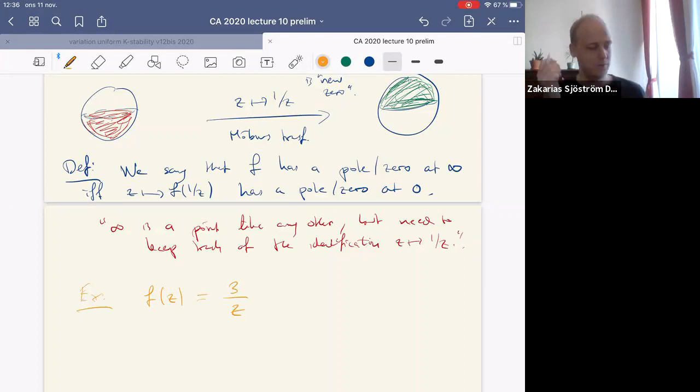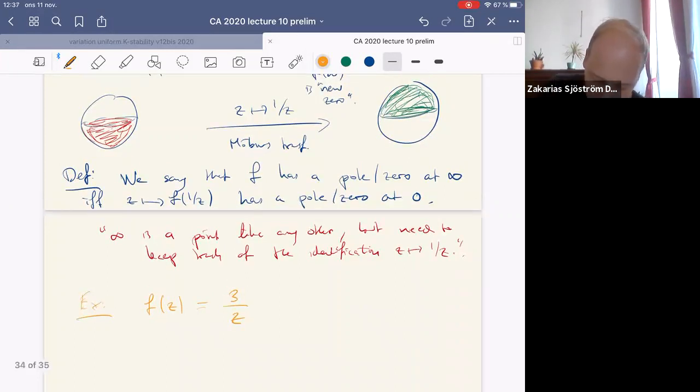f of z is 3 over z, or something like that. So this function is meromorphic on C hat. Being meromorphic on C hat means that you're meromorphic at every point, including at infinity, right? Now, what about the zeros and poles of this thing?